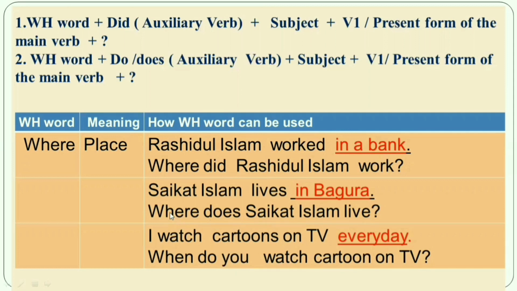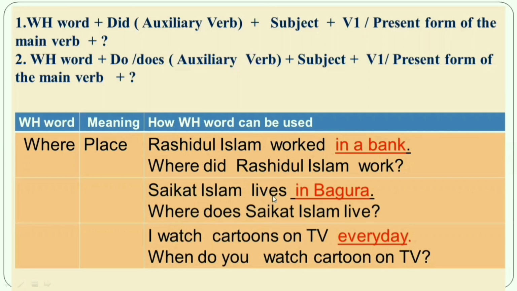So right here at first "where". And then find out is there any auxiliary verb? No, there is no auxiliary verb. Now look at the principal verb, that means main verb. Okay, in the main verb, here you can see "s" or "es". And I have said, if "s" or "es" is added with the main verb, then "does" will be taken as an auxiliary verb.